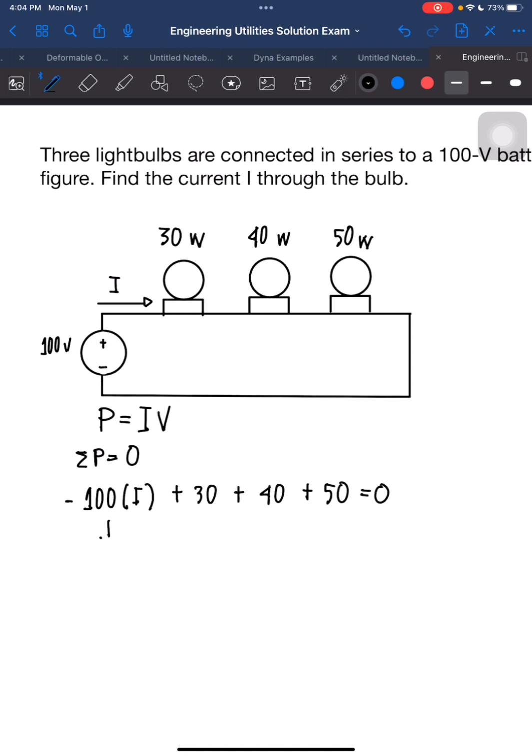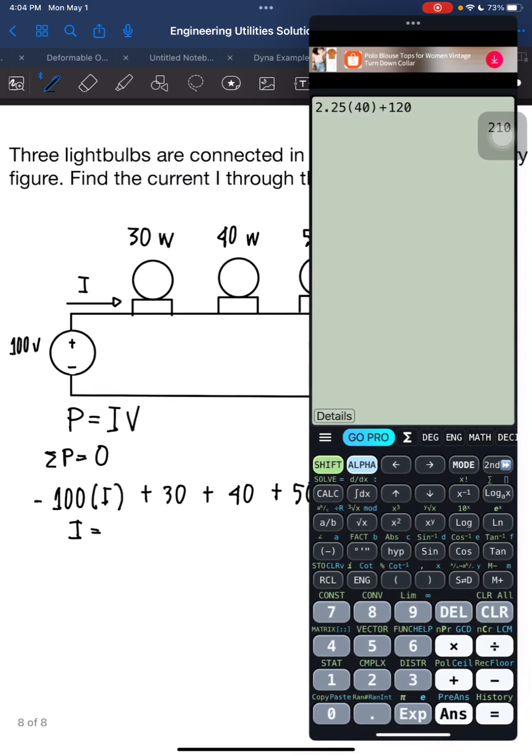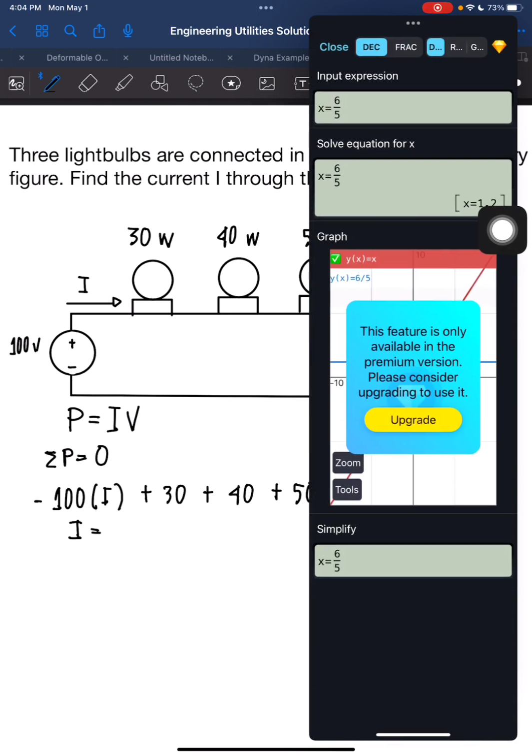So, solve na natin yung I. Negative 100I plus 30 plus 40 plus 50 equals 0, which is 6/5, or in decimal, 1.2 ampere. Ito na yung sagot, guys.